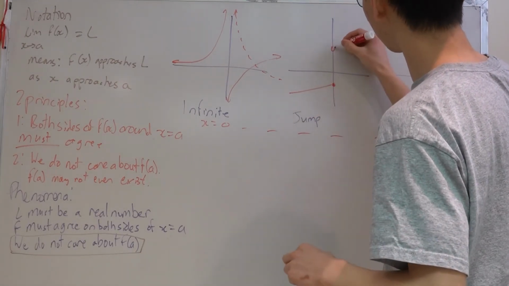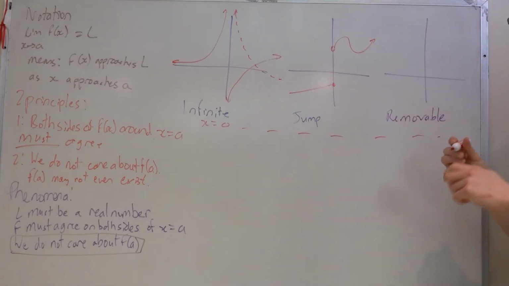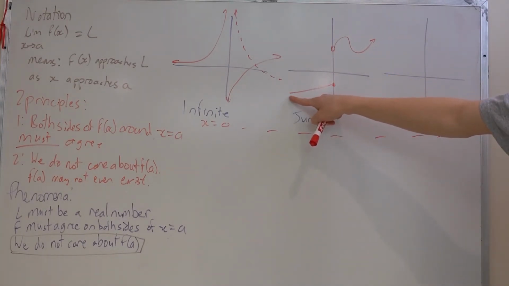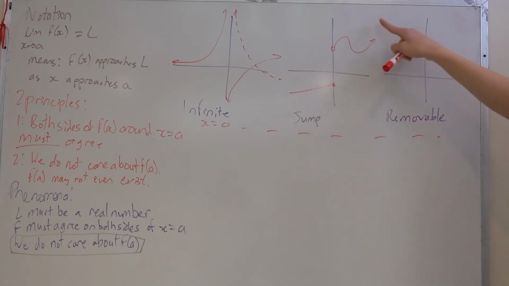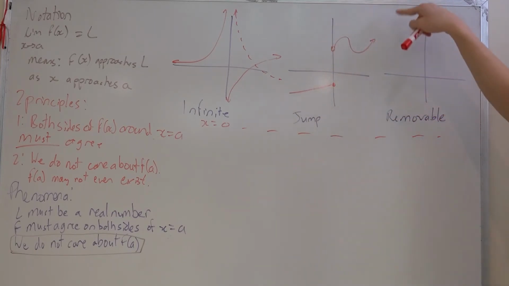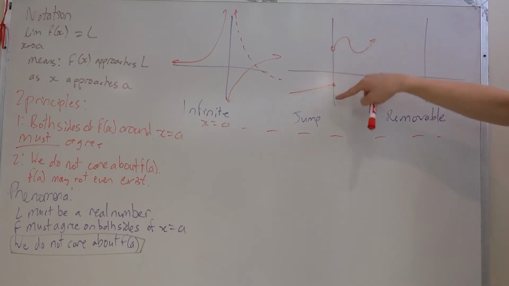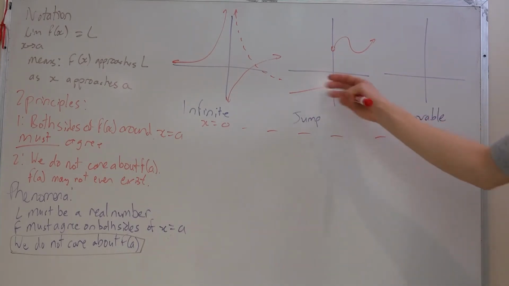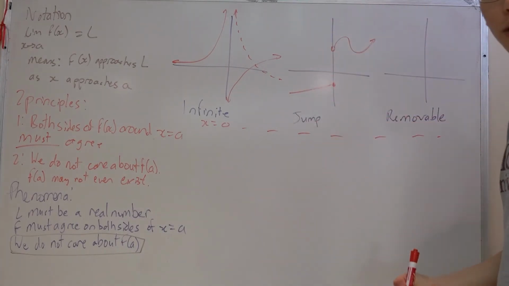Now this one can take on several forms, but the main idea is that there's a gap, right? So as your function approaches from the left, it does not agree with what the function is doing as it approaches from the right. There's like a gap, and that is a discontinuity at x equals 0. Okay? You can just visually see it's a discontinuity because the function breaks. That's your intuition for discontinuity.